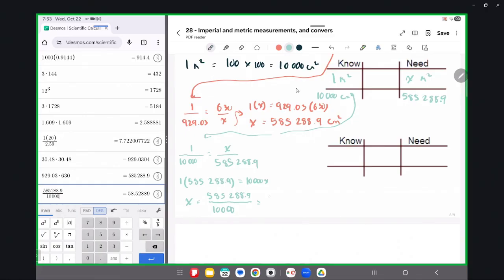And so we're going to see that this is equal to 58.53, and we are in square meters.